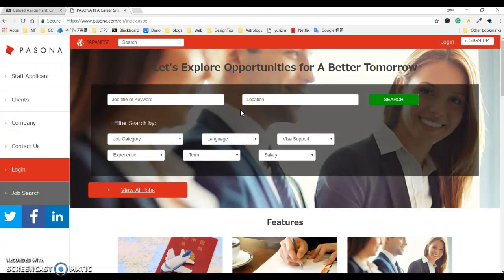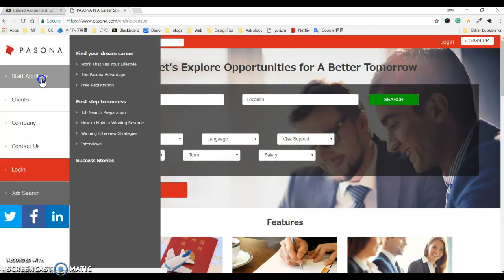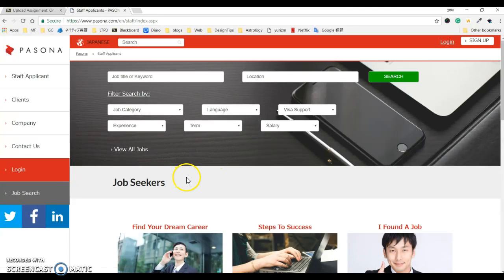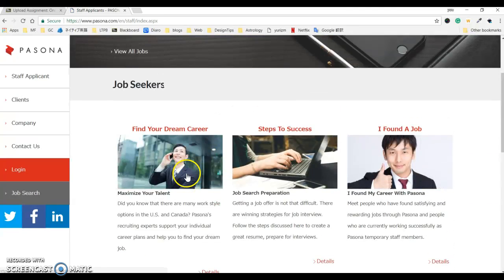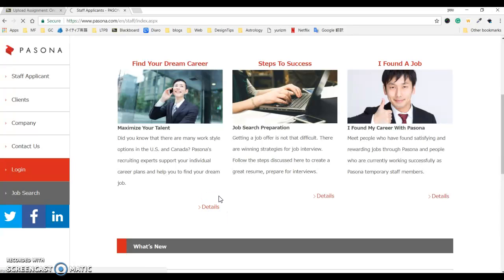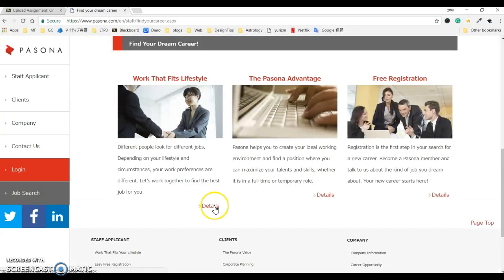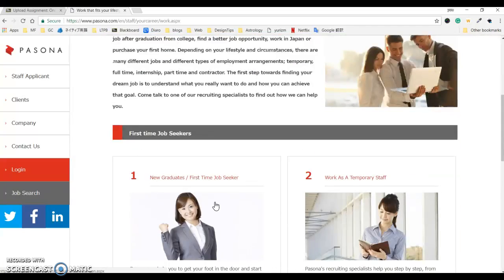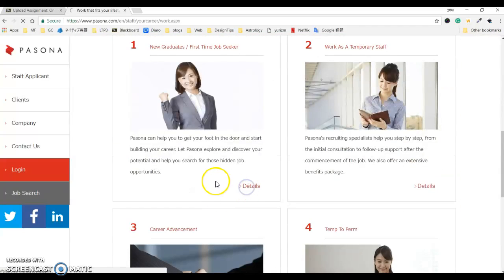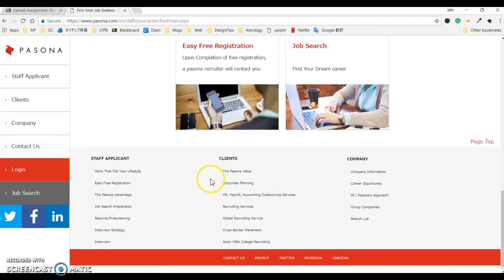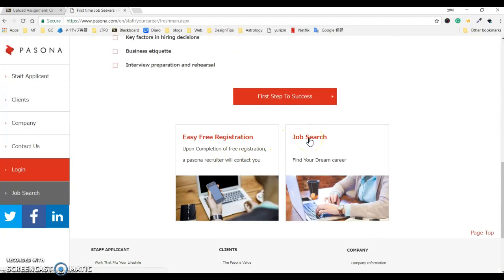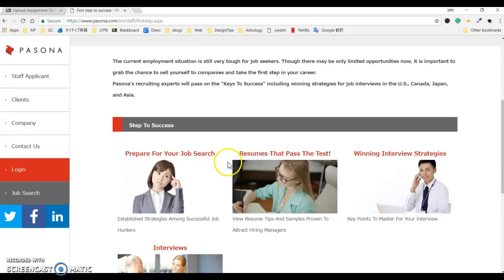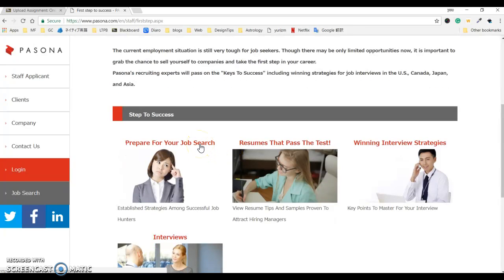Basically, I think this site has a lot of good content for job seekers. By the way, I also want to mention that this website has link patterns that are hard to understand.